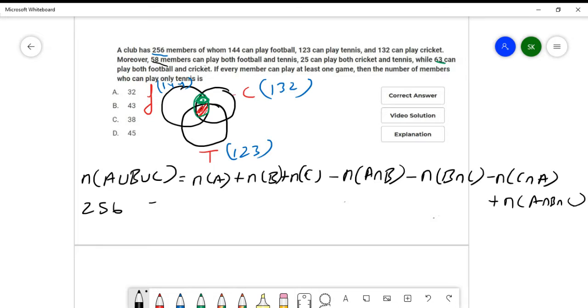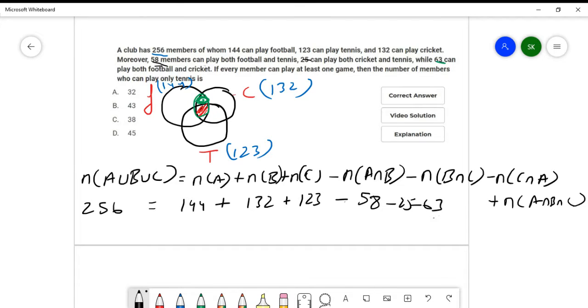Now let us put the respective values. NA means football is 144, B is cricket, it is 132, C is of tennis, it is 123. Subtracting the three intersection values. Now these intersection values are 58, 25 and 63.